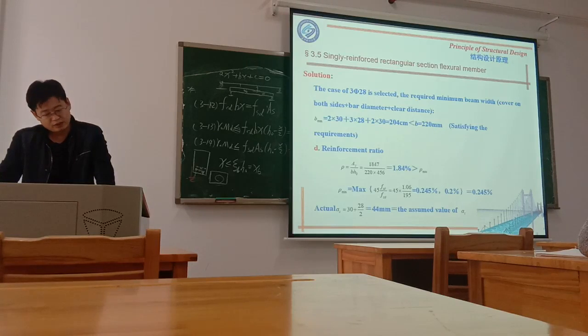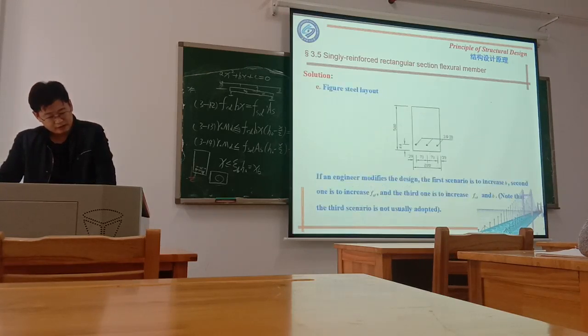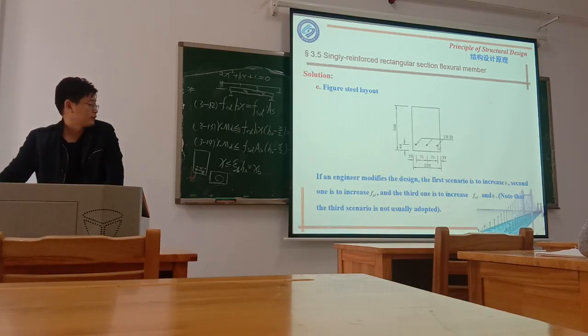So that means it's correct. That's the arrangement of the reinforcement in this section: AS equal to 44, height of 500, width 220, and use 3 bars of diameter 28.